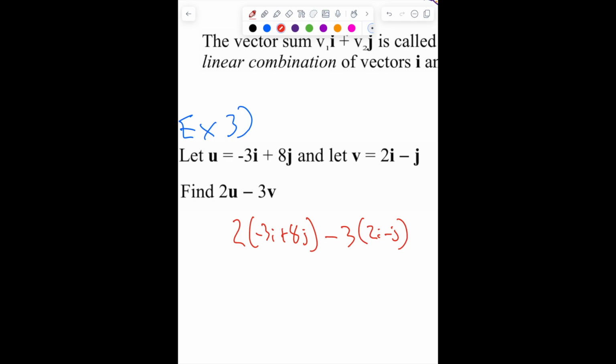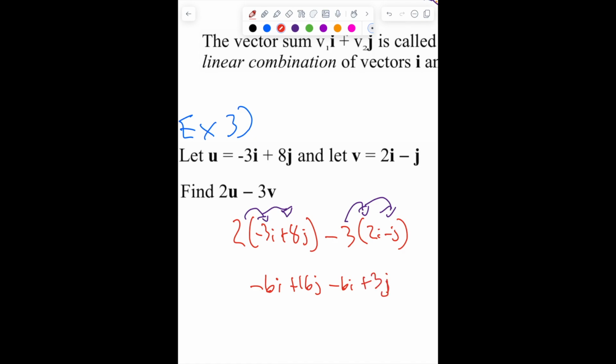Then I'm going to use the distributive property on every single term, so I have to do it twice. That gives me negative 6i plus 16j minus 6i plus 3j.